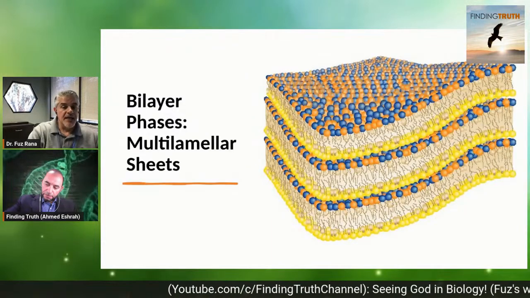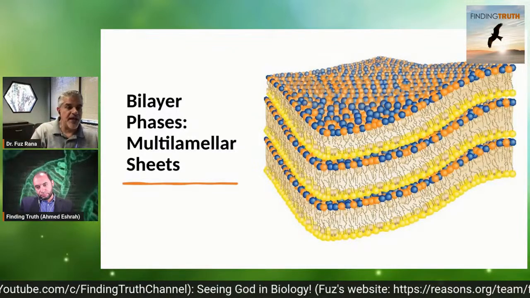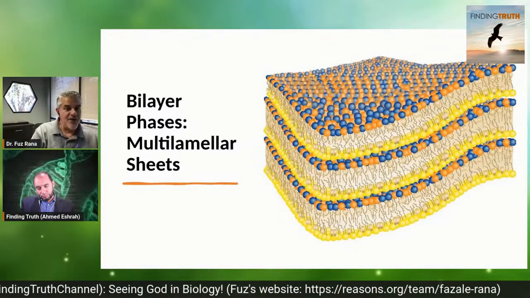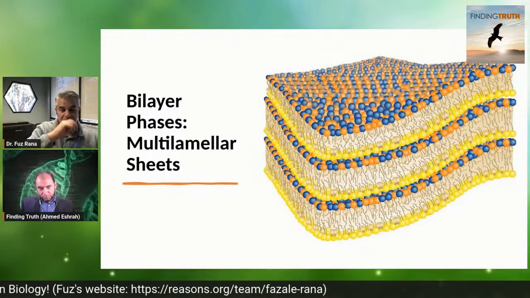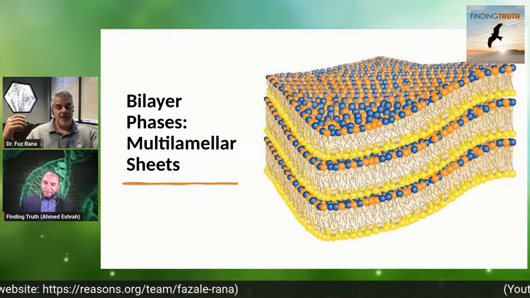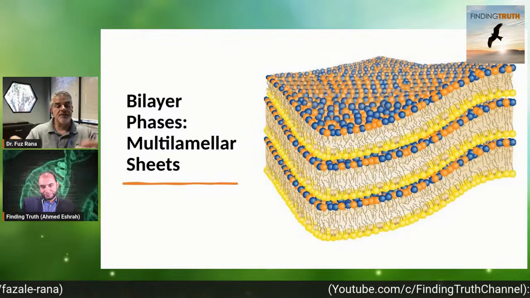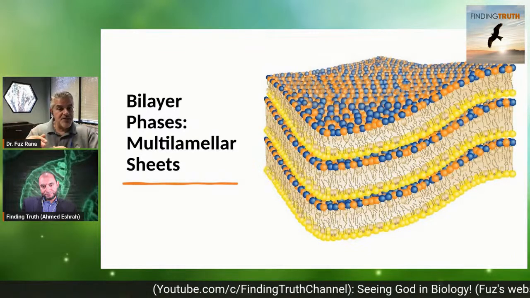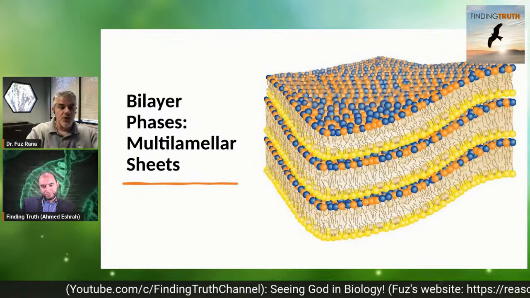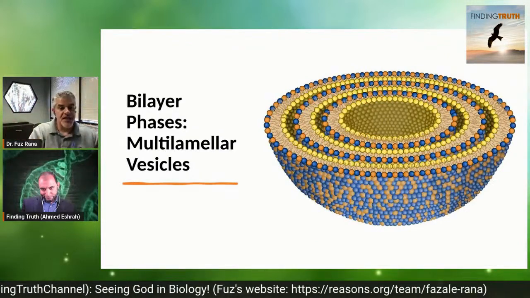Again, this is reviewing some material, but we're putting some of the things we talked about into context from a design standpoint. As I mentioned the last time, when you typically dissolve or disperse phospholipids into an aqueous system, they spontaneously form multilamellar sheets or these onion-like structures, multilamellar vesicles.